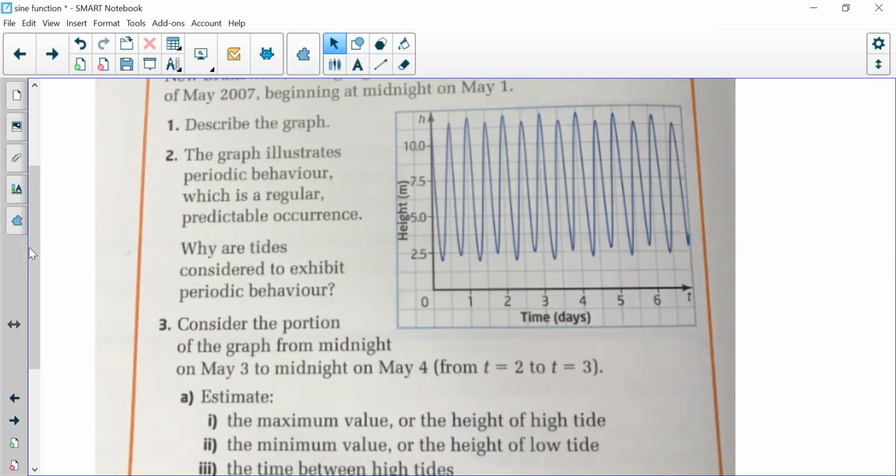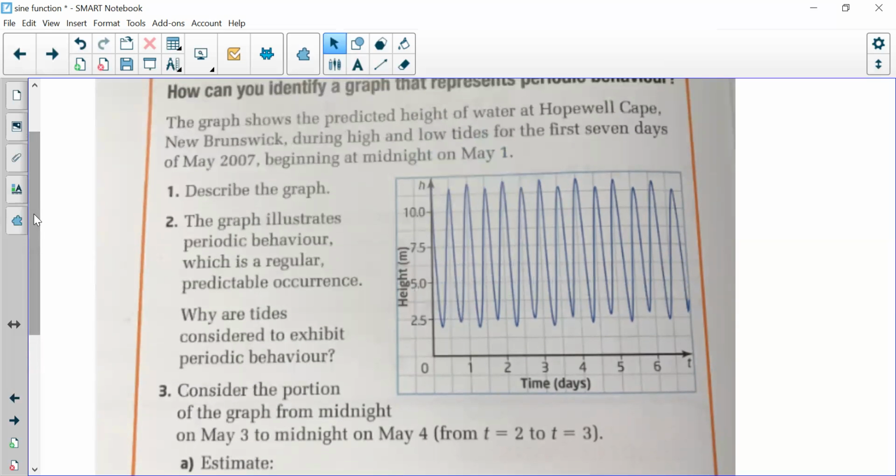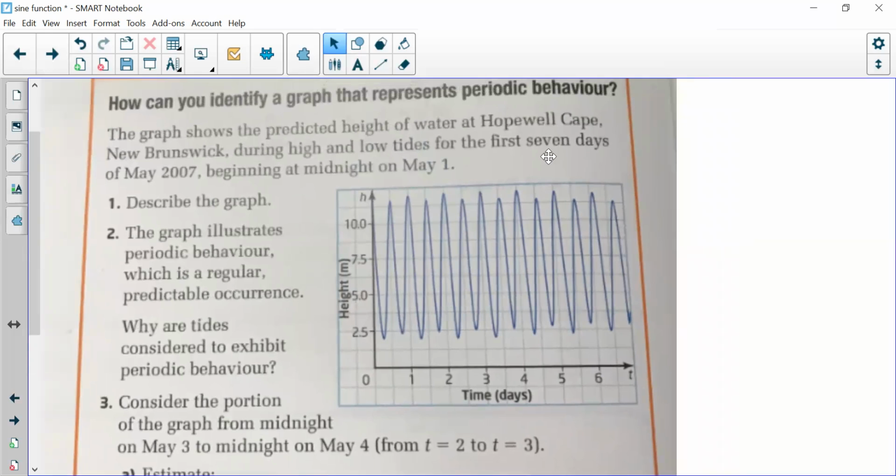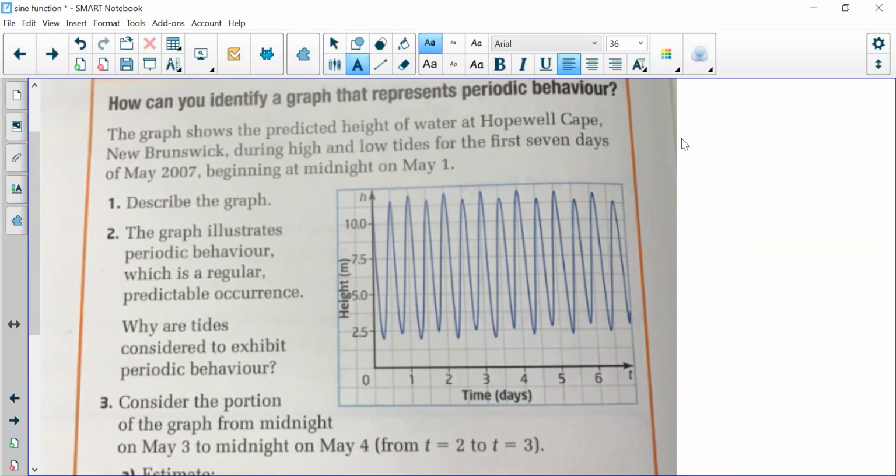Okay, the first question says to describe the graph. Is this, first of all, a periodic function? How do we know? It's based on time. How else do we know? Okay, it is a function because it passes the vertical line test. Is it a periodic function?